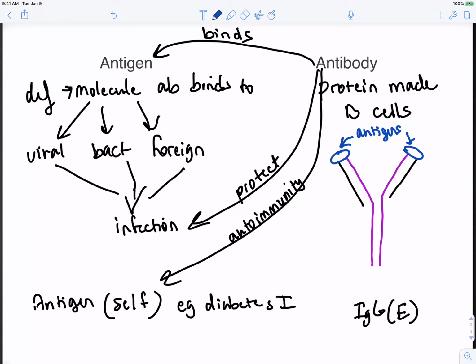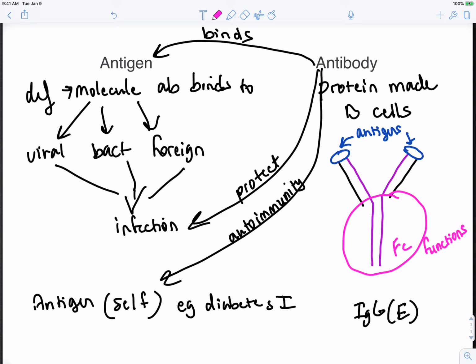What actually does something is the trunk of the antibody, so this area right here, and we call this area Fc. The reason it's called fragment C is because it's going to bind to Fc receptors and provide a function to the antibody. So the Fc portion is where the antibody functions. And we're going to talk about different functions of different antibodies depending on their subtypes.